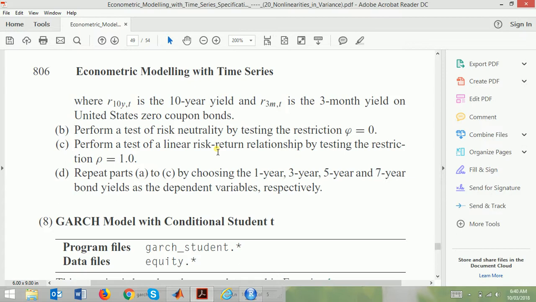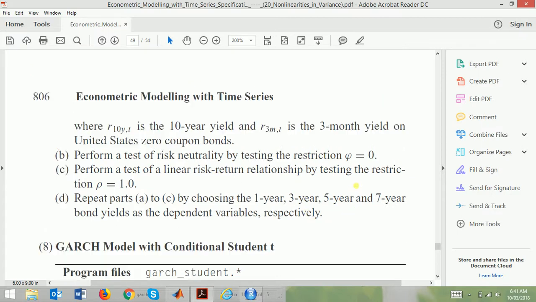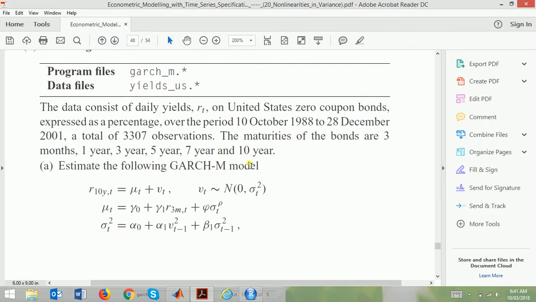Perform a test of linear risk return relationship by testing the restriction rho equals 1, and then we can choose, simultaneously, 1 or 3 or 5 or 7-year bond yields as the dependent variable. Not the independent variable. We can choose 1 year, 3 or 5 year and 7 year respectively as the dependent variable.